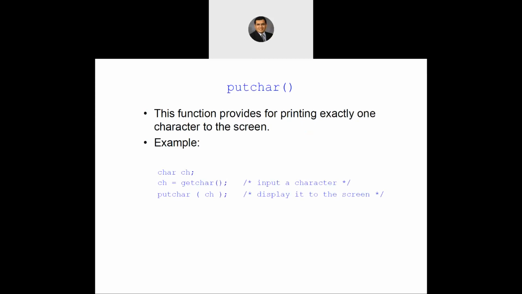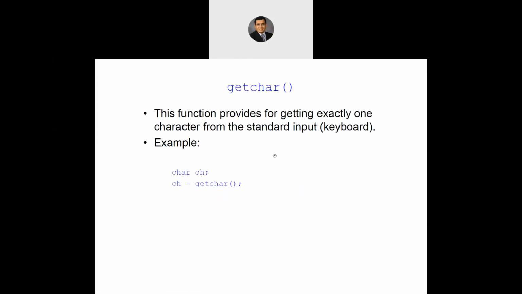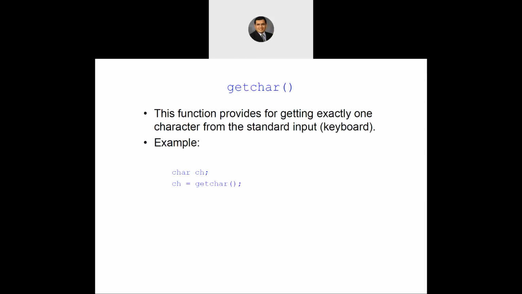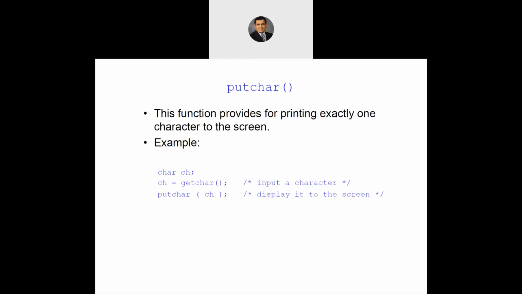Just as we have getchar, which is for reading, we have putchar, which is for writing. If getchar gets a value from the keyboard, putchar puts that same character on the screen, the standard output device. So these are some functions. You are already familiar with printf and scanf, and now you are familiar with getchar and putchar.